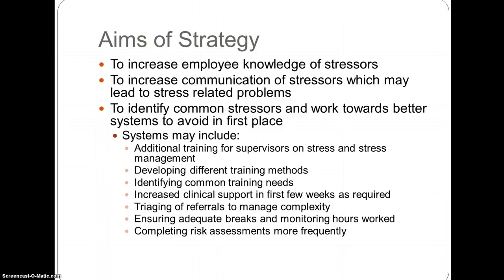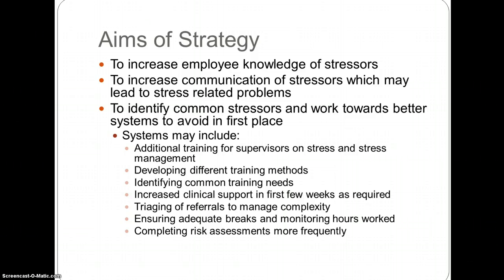And systems may well include additional training for supervisors on stress and stress management, developing different training methods depending on what supervisees are asking for or finding difficult. Are training methods meeting their demands? Identifying any common training needs. Increase clinical support in the first few weeks as required.